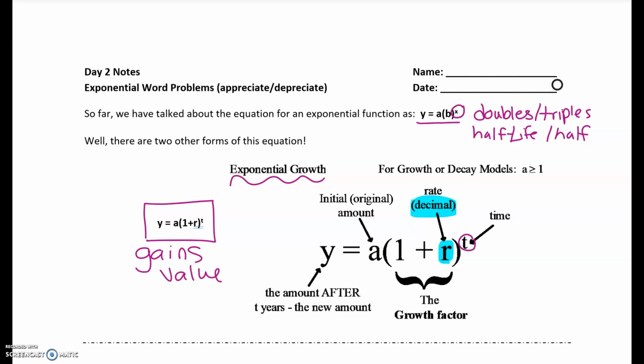We said that X was representing time. Here we're just actually using the letter T. And then the other piece that's different here is that this whole piece inside the parentheses is what we're going to call our growth factor. So the R is our rate, but that whole 1 plus R is going to be our growth factor. The Y on the left-hand side is just going to tell us what our total amount is.